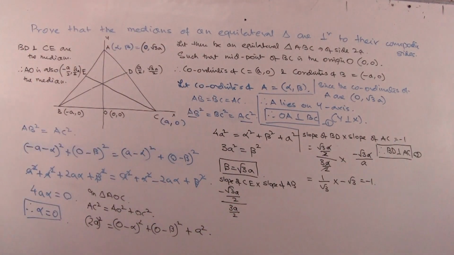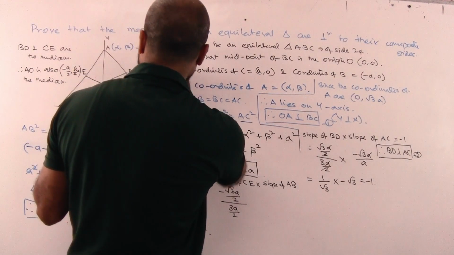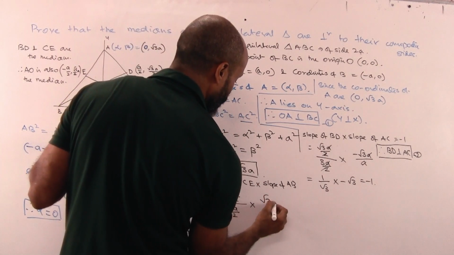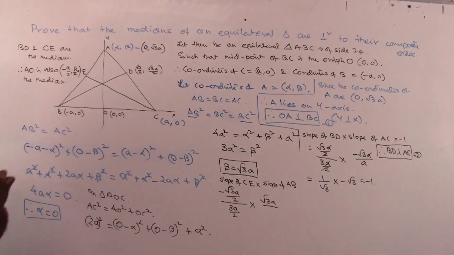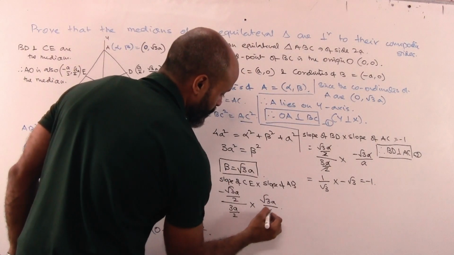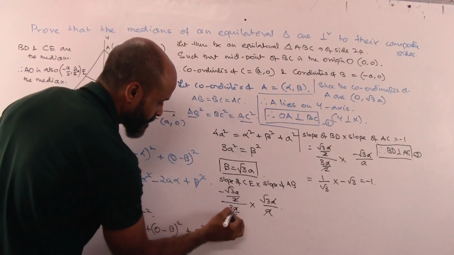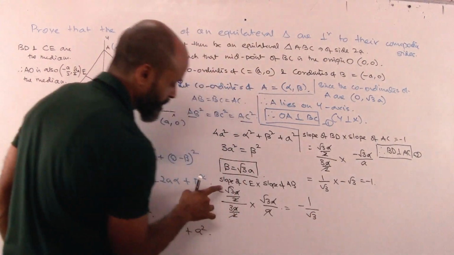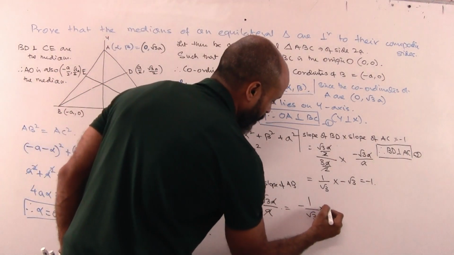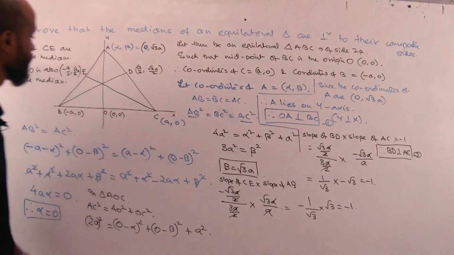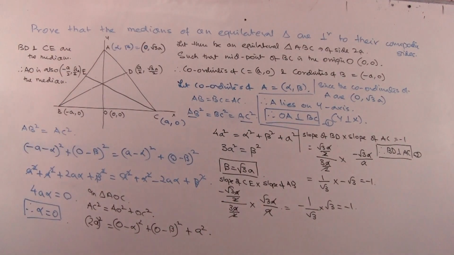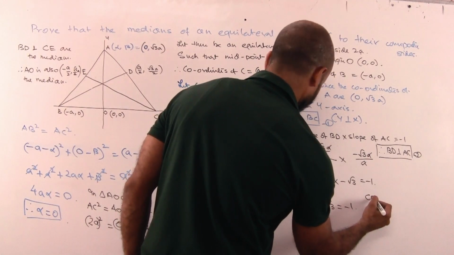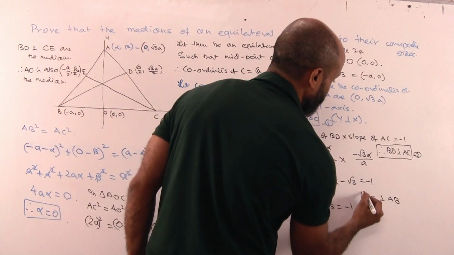Slope of AB will be under root 3a minus 0, upon 0 minus minus a, which is a. So these cancel, and we get minus 1 by under root 3 into under root 3, so this will be minus 1. So the product of the slopes of these two lines is minus 1, and we can say that CE is perpendicular to AB.